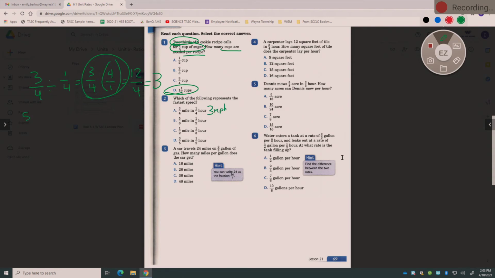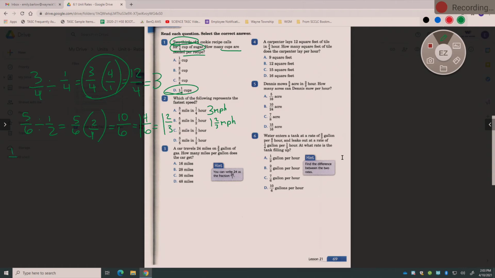B, 5/6 divided by 1/2, which is 5/6 times 2 over 1, which is 10 over 6, which is 1 4/6, which can be reduced to 1 2/3. All right, so far A's in the lead.